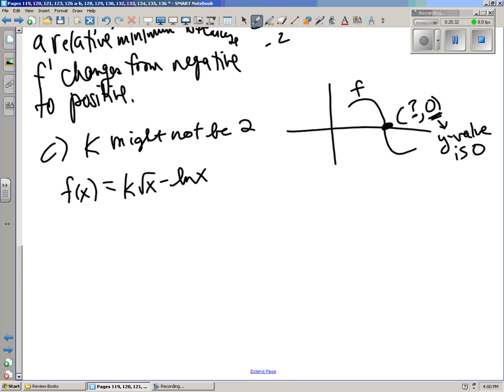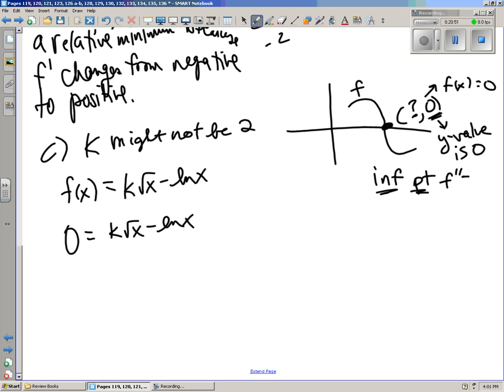There's the original function, and we know we want the y value to be 0. So here's what we know. 0 is equal to k radical x minus ln of x. The other thing that we know is that since we're at an inflection point, this guy gives us f of x equals 0, and f double prime equals 0.